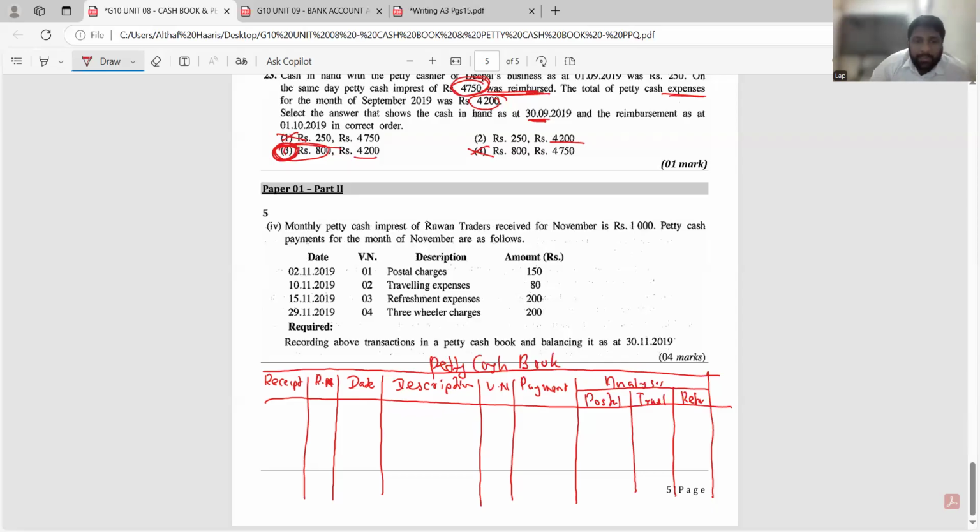So what they are telling us is the monthly petty cash imprest of 1,000 received for the month of November. So 1,000 received from the main cashier.